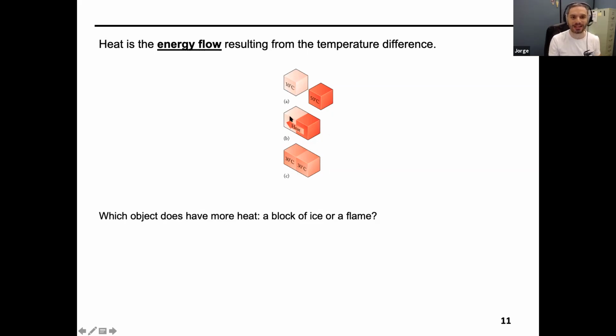Therefore, heat is defined as this energy flow that results from the temperature difference. And always the energy flows from the hot body to the cold body until they reach the same temperature, which means they are vibrating at the same, you can call, speed.